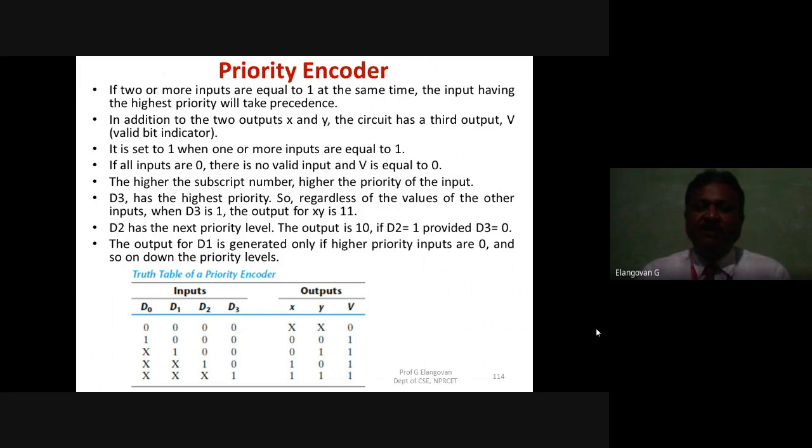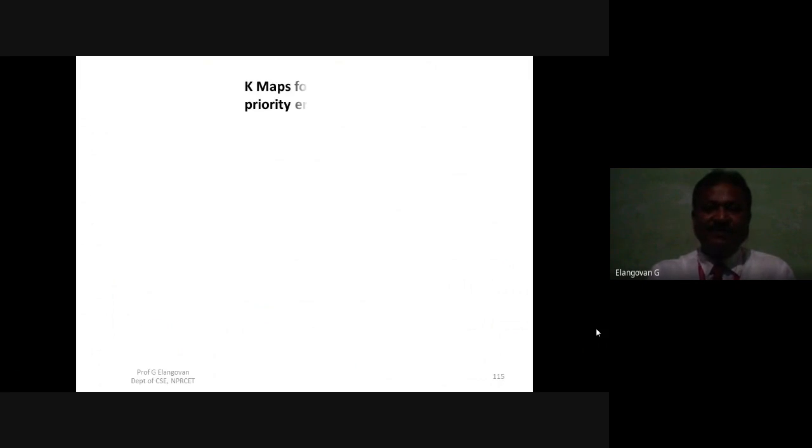If V becomes 0, nothing is valid. When D3 is 0, D2 is 0 and D1 is also 0, only then does D0 get a chance. Otherwise, when D3 is 0 and D2 is 1, D1 and D0 cannot be considered. So these are the priority levels.